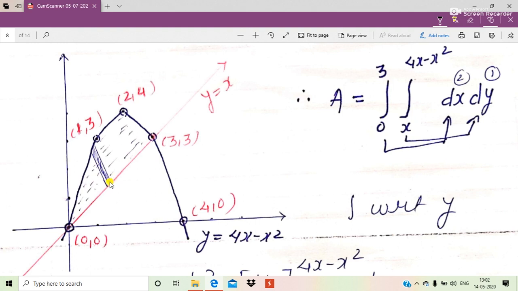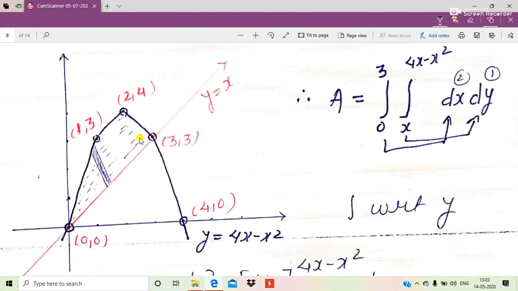So the lower limit will be y is equal to x, and on top it touches the parabola, whose equation is y is equal to 4x minus x square. So the limits of y will be from x to 4x minus x square.